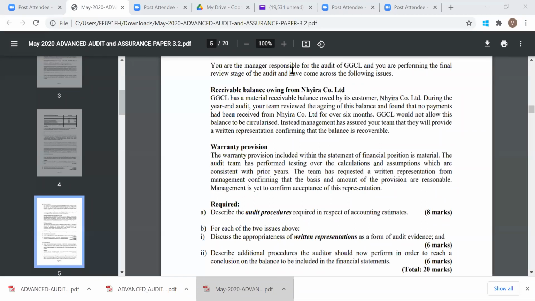We've talked about the management representation. You need to obtain written representations from management, saying that they actually believe that these assumptions are legit and reasonable. That's also part of the audit procedure. So that makes it 5.